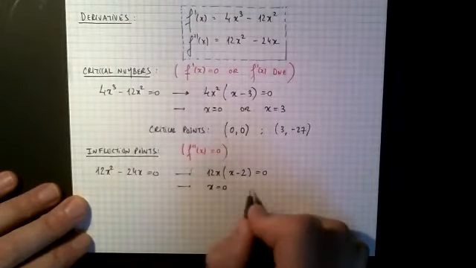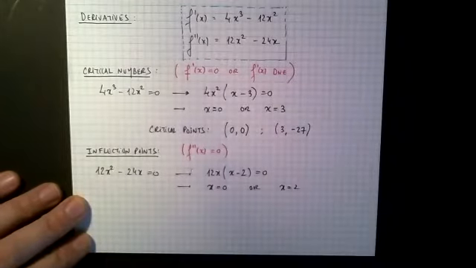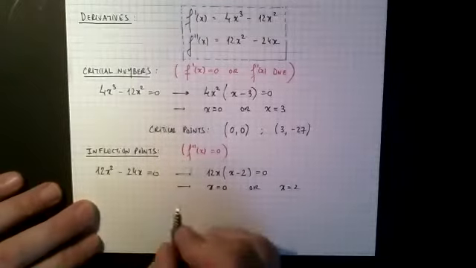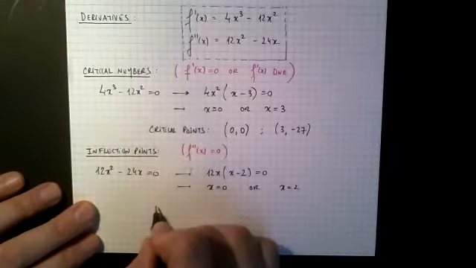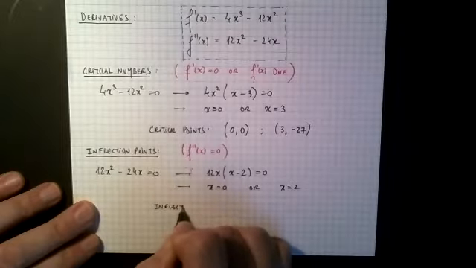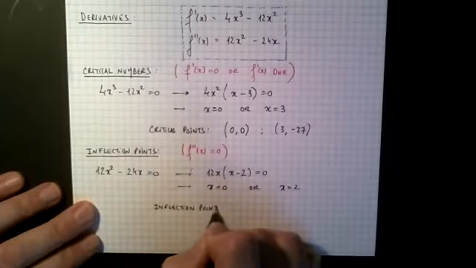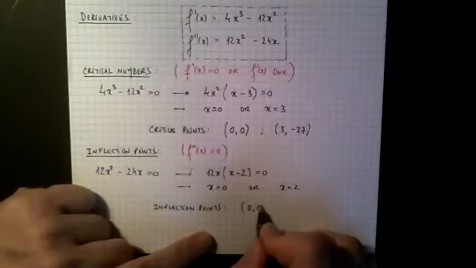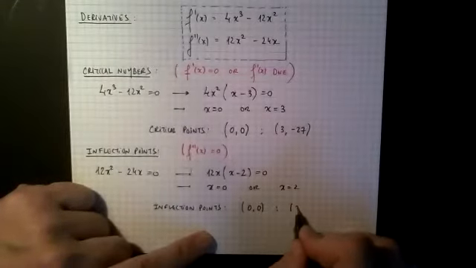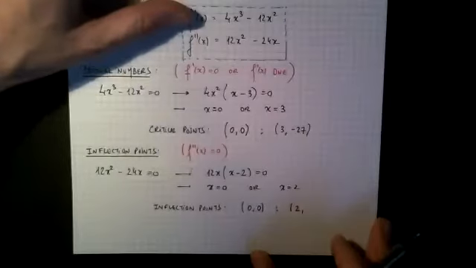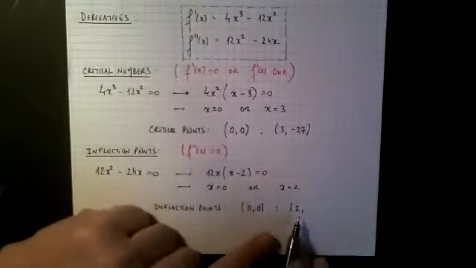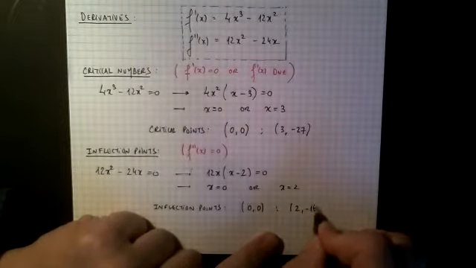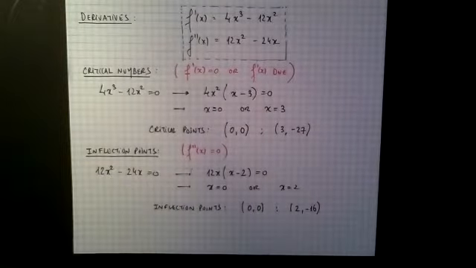And that is either x is 0 or x is 2. And I'm going to find right away my inflection points. So it's (0, 0), since when x is 0 we just figured out that y is 0. And when x is 2, I go back to my original function and replace x by 2, and I did the example already, so it's -16. You have to trust me on this one, or just plug 2 into your function and you will see.